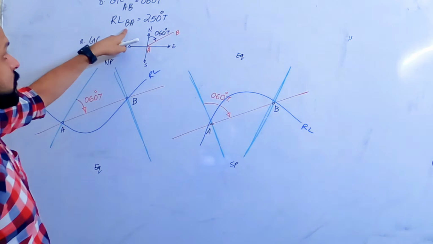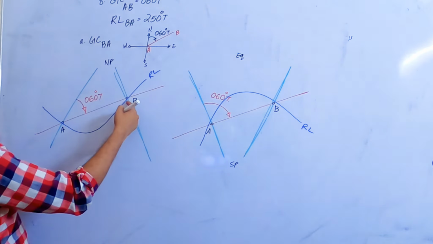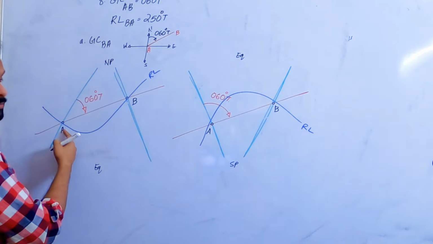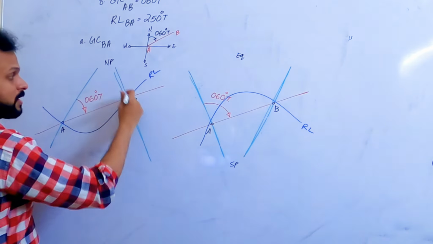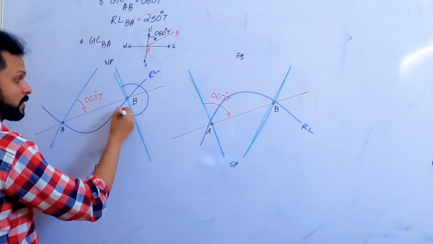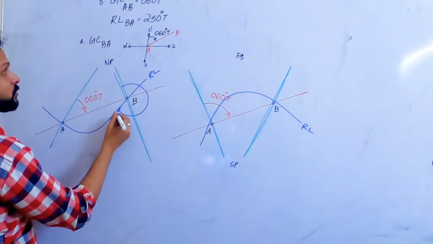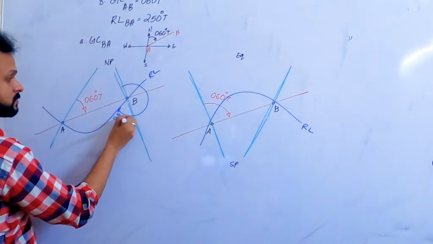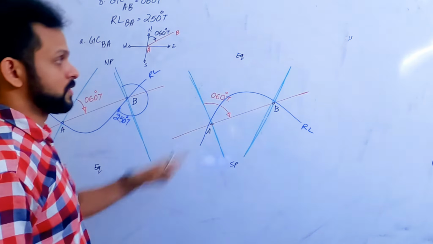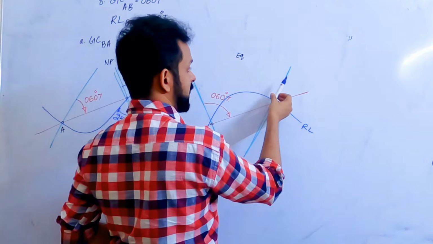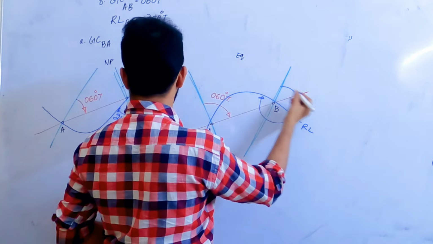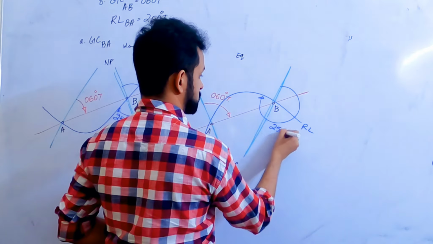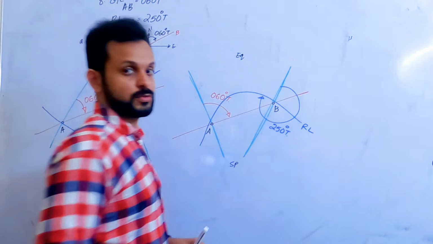Given the rhumb line track from B to A, the point of reference is B, measured from the local meridian at B, clockwise, which is 250 degrees true. Over here you can see it is again from the local meridian of B, clockwise, 250 degrees true.